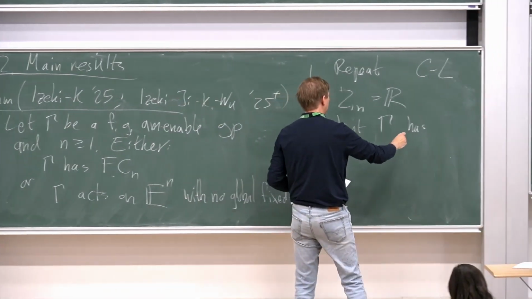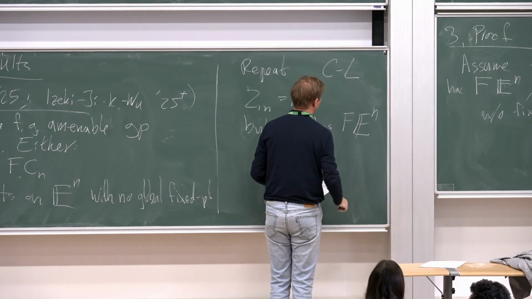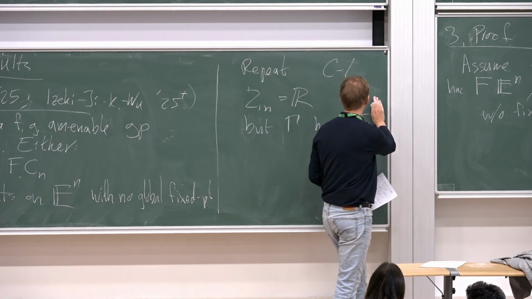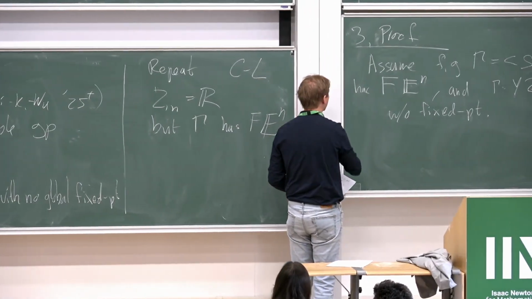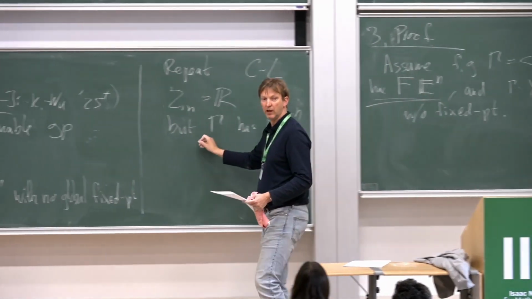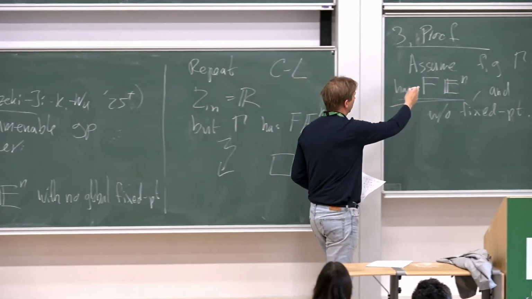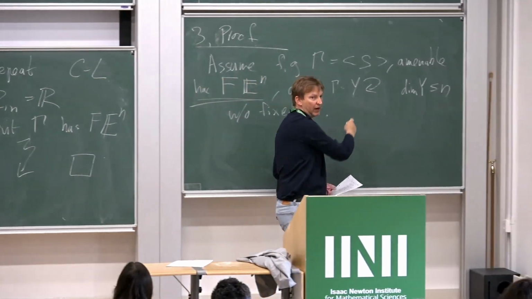But that was assumed to have no fixed point on either end. Smaller Euclidean space, so there's a contradiction. And so therefore, we must have had a fixed point.